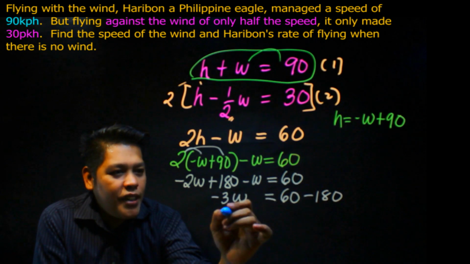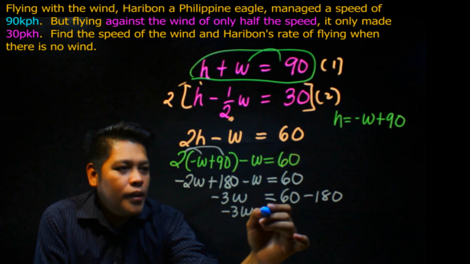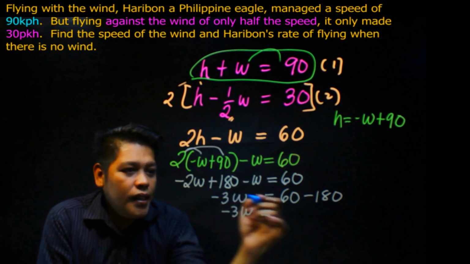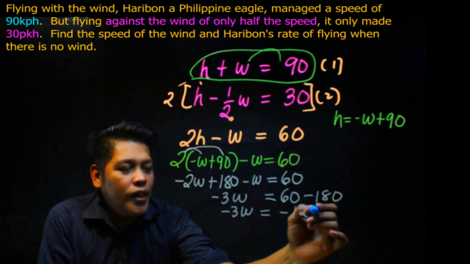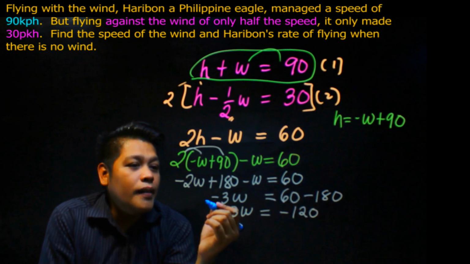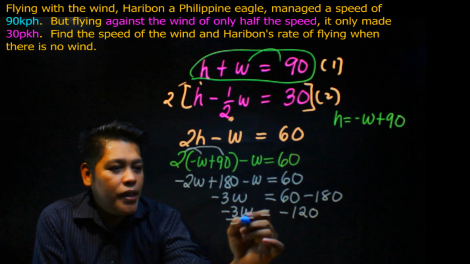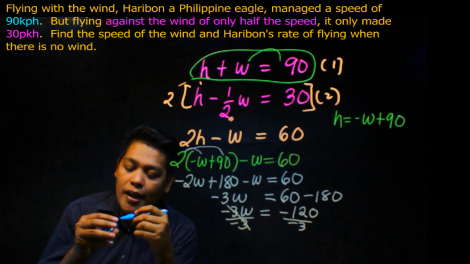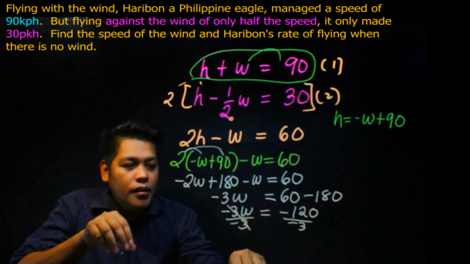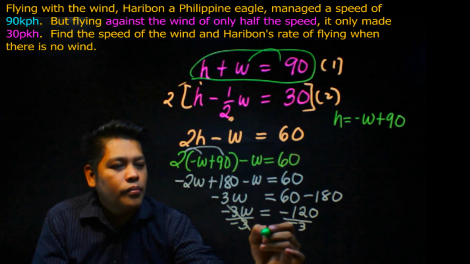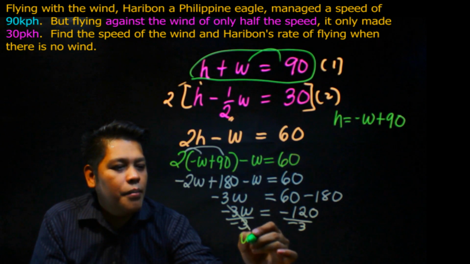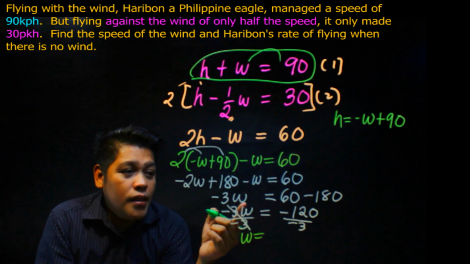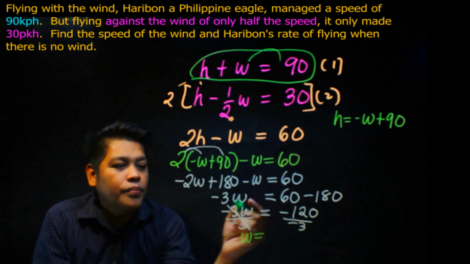So, negative 3W equals 60 minus negative 180 is negative 120. And then, divide both side by negative 3 para makancel to, mawala yan. Ang mangyayari dyan, W equals negative 120 divided by negative 3 is positive 40.